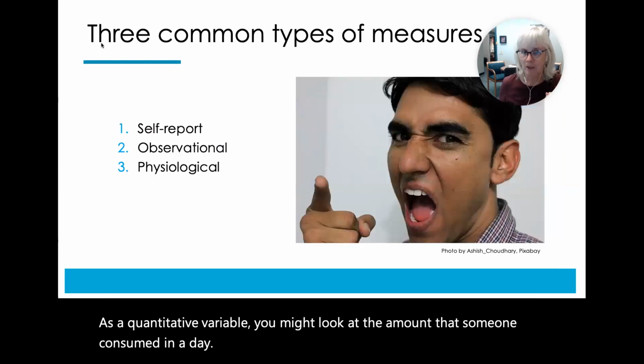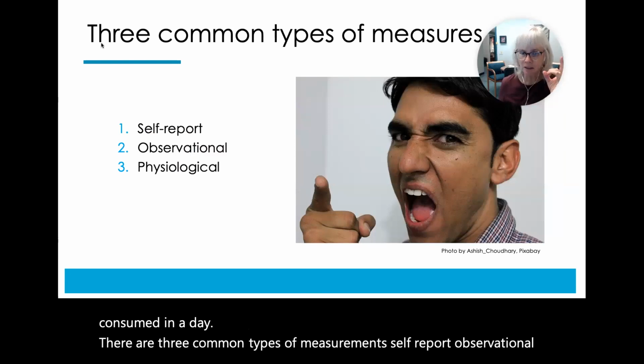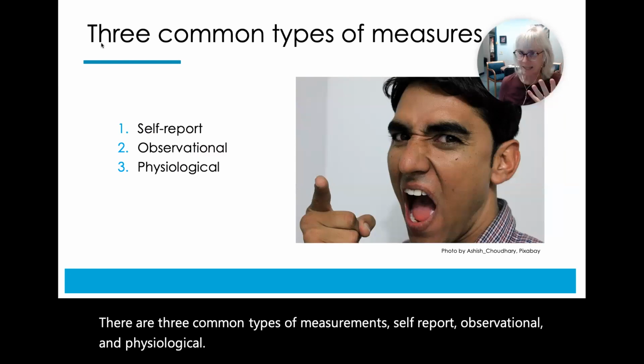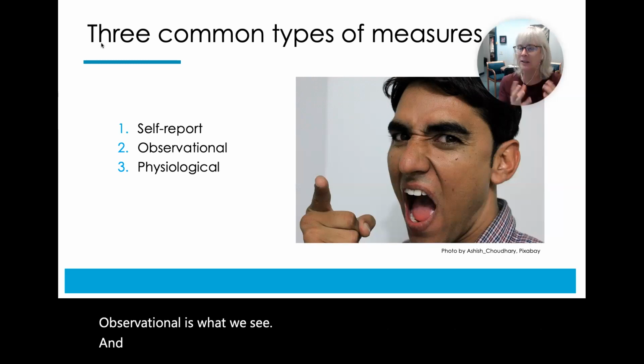Now, there are 3 common types of measurements: self-report, observational, and physiological. Self-report is what we say. Observational is what we see. And physiological is some sort of physiological measure, such as blood pressure or heart rate.